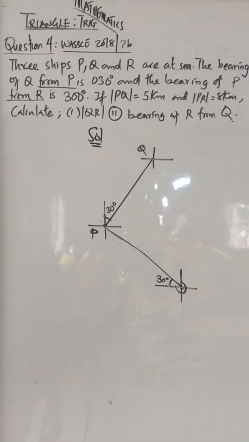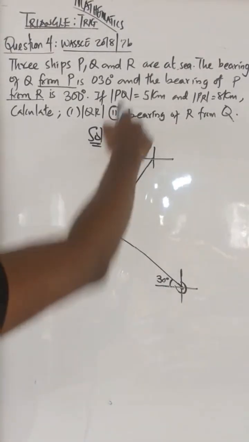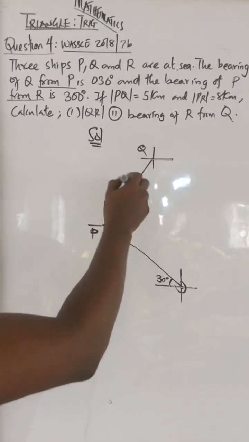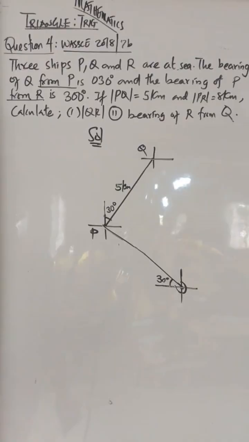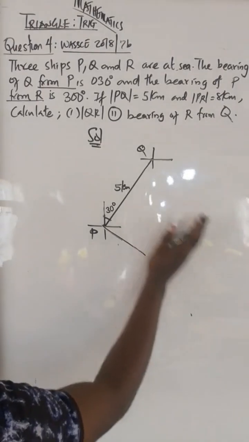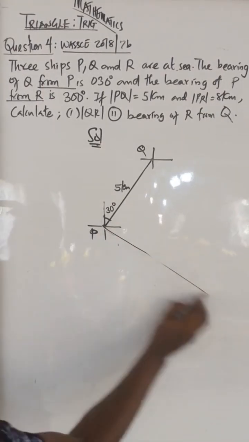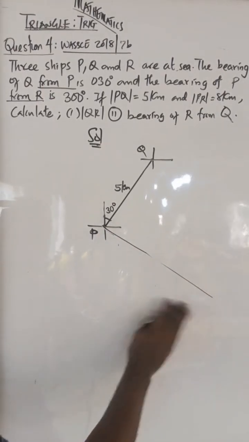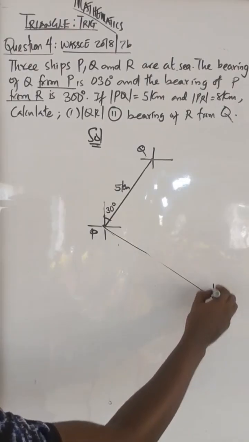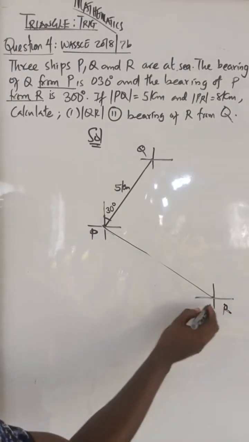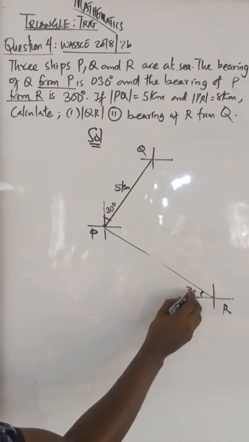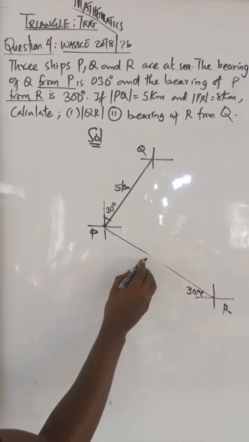PQ is 5, and PR is 8. So PR is longer. So let's make this one a bit longer, although it doesn't really matter. But to make our diagram more realistic, this is our R. This is 30 as we've done before. This is 8 kilometers.